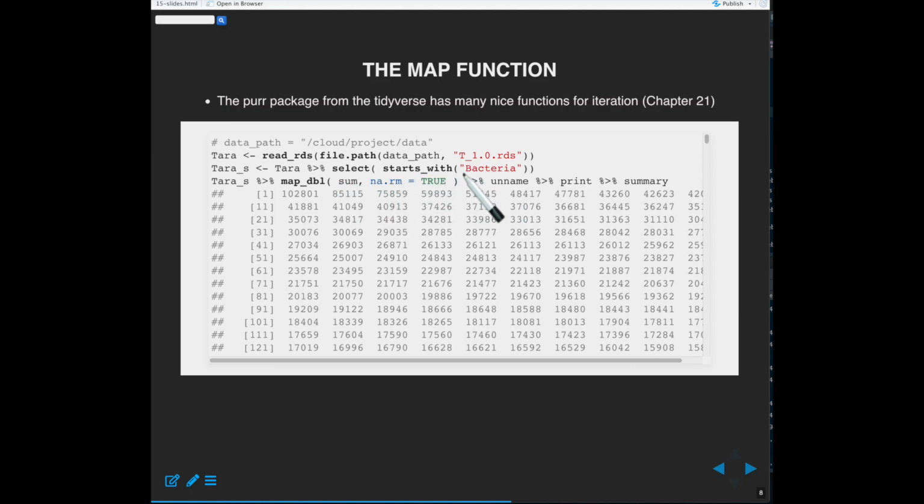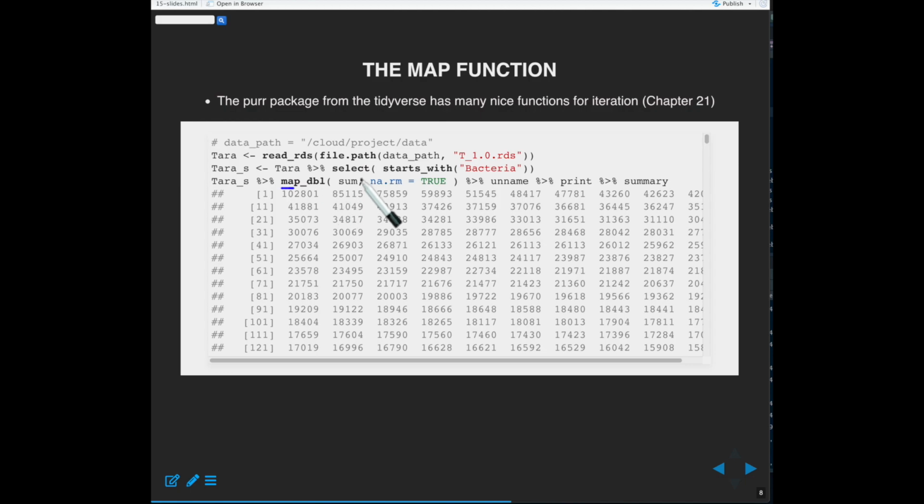I just use the starts_with function to select those columns that are bacteria, and then I'll pipe my Tara small into this function called map. In this case, it's map_dbl. Double is basically a synonym for numeric. There are different map functions, one for logical, one for double, one for characters, etc. If you know your data is a double or a numeric, it's the right one to use.